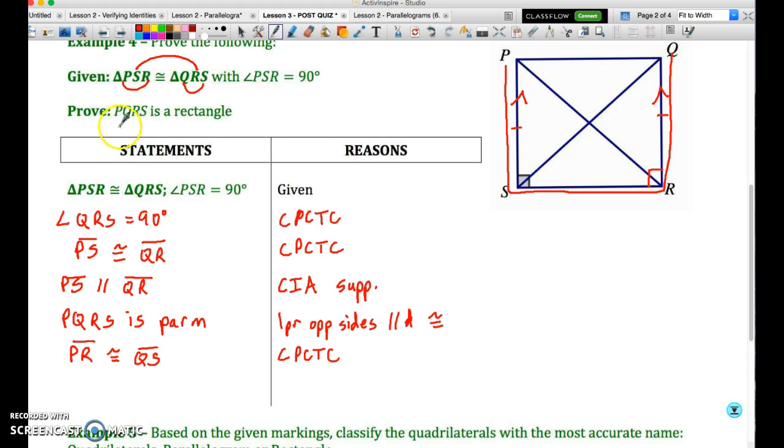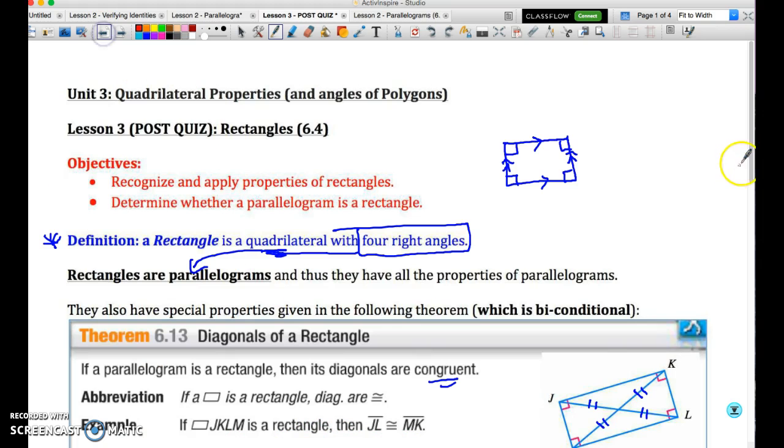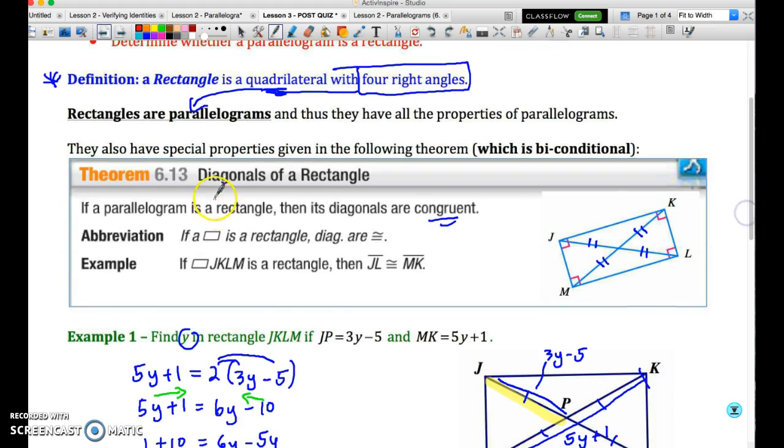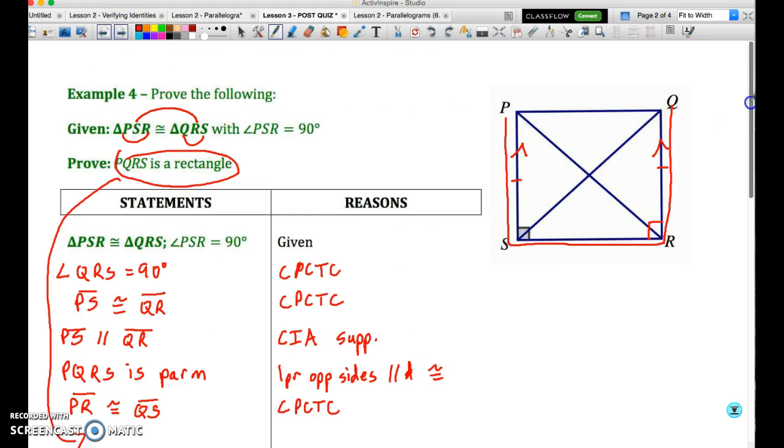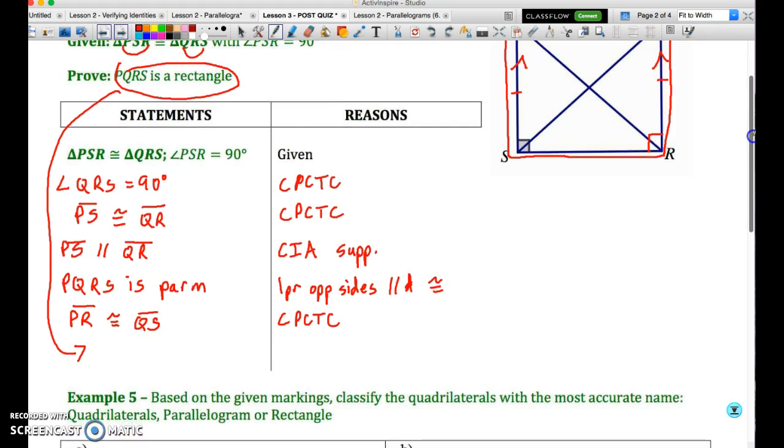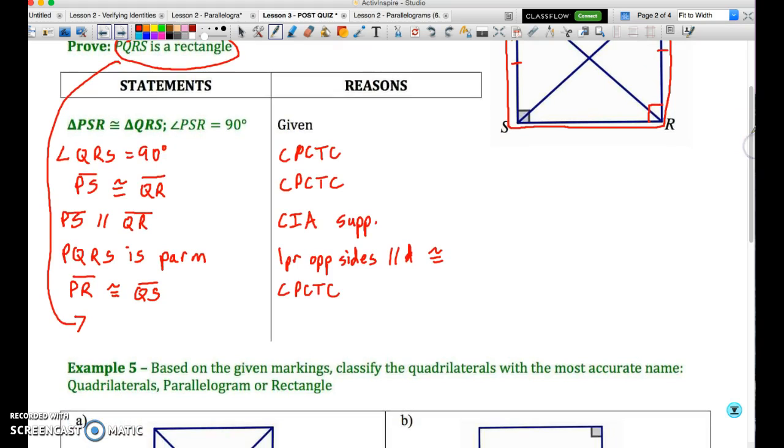And so you can see here again, PR is congruent to QS, and that is going to allow me to conclude that PQRS is a rectangle, and that is, of course, because of the theorem we learnt earlier today, namely that the diagonals of a rectangle are congruent. Or rather, if the diagonals of a parallelogram are congruent, then it is a rectangle. And so I'm using the converse of that theorem.